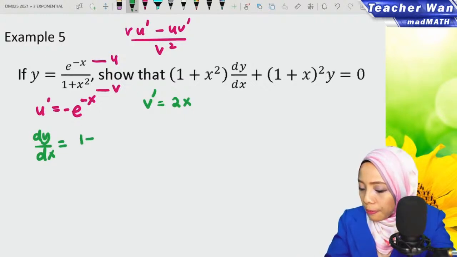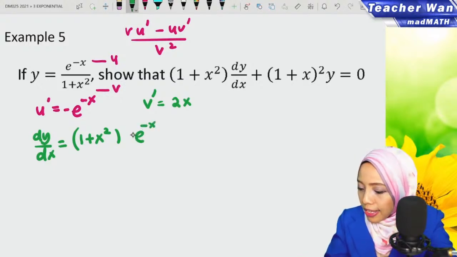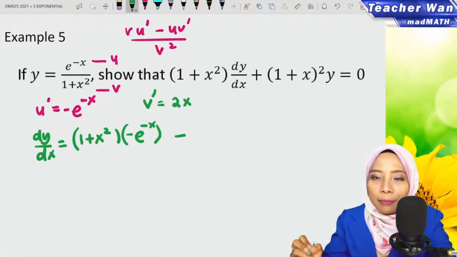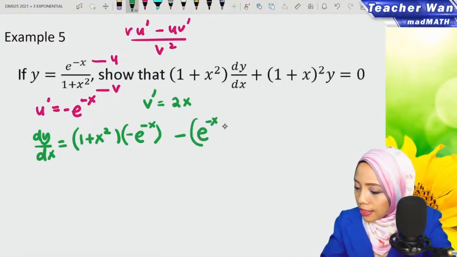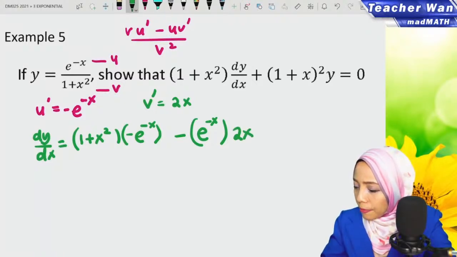Okay, now dy over dx equals, what is our V? This 1 plus x squared. What is our U prime? U prime is e to the negative x, there is another negative here. And then minus U V prime. U, just copy e to the negative x, and then V prime is 2x.